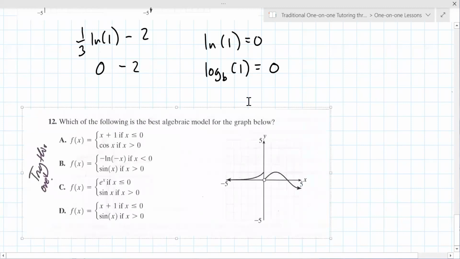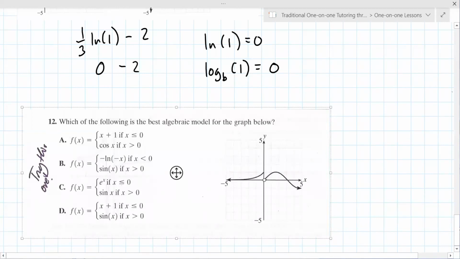So this is a good one to figure out, do you understand your parent functions? That's a lot to ask, but the more math you take, the more it's like, oh, you're supposed to know this. So the parent function is probably easier to look over here to the right.